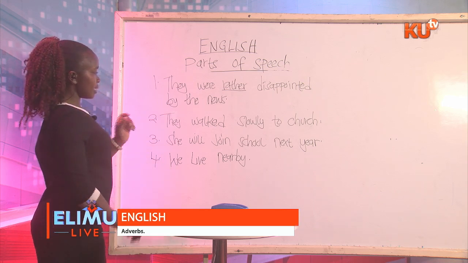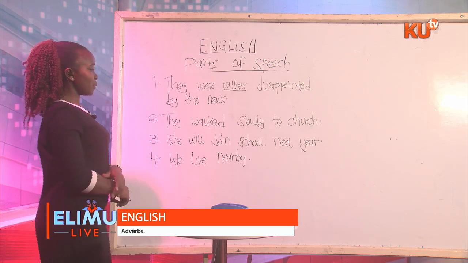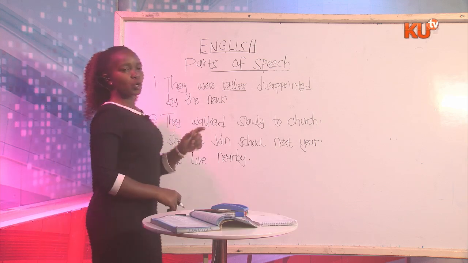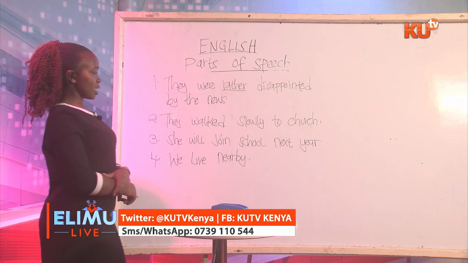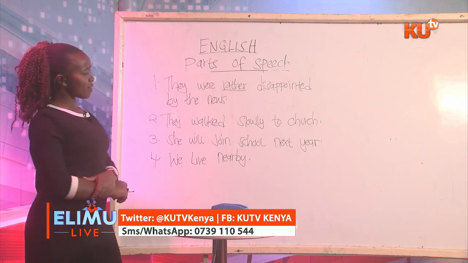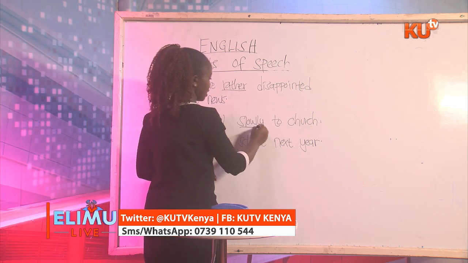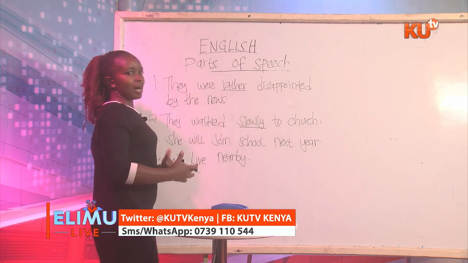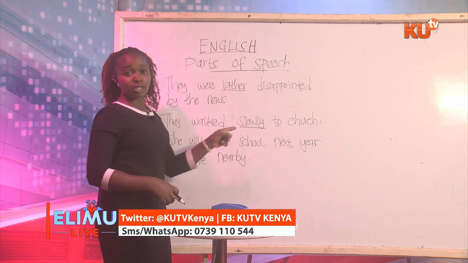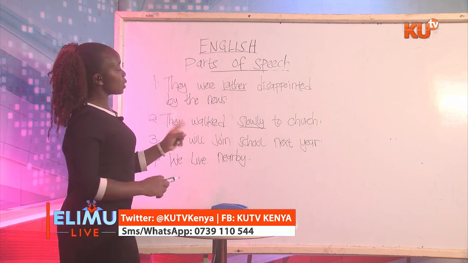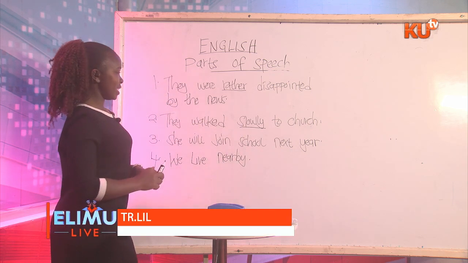Our next sentences that we are supposed to identify the adverbs in include: they walked slowly to church. Our adverb here is slowly. The manner in which they walked was slowly. So this is our adverb and it belongs to the category adverb of manner.